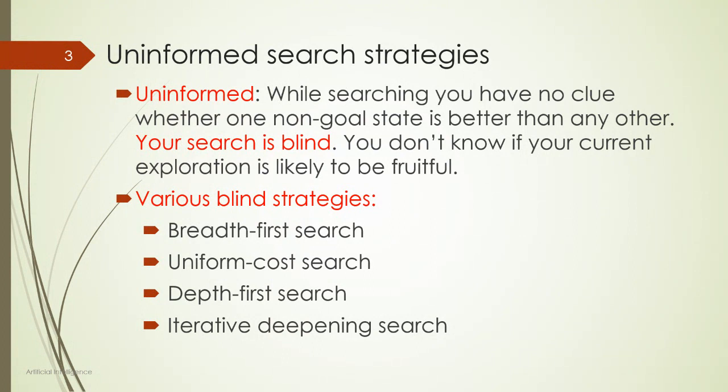It doesn't have any general guidance from a bird's eye view, let's say. Your search is blind. You don't know if your current exploration is likely to be fruitful or not. The blind strategies are, as I said, BFS, UCS, or uniform cost, DFS, and iterative deepening.